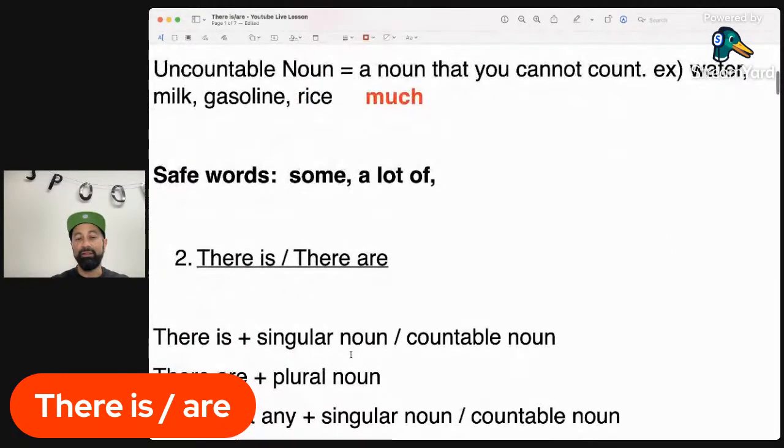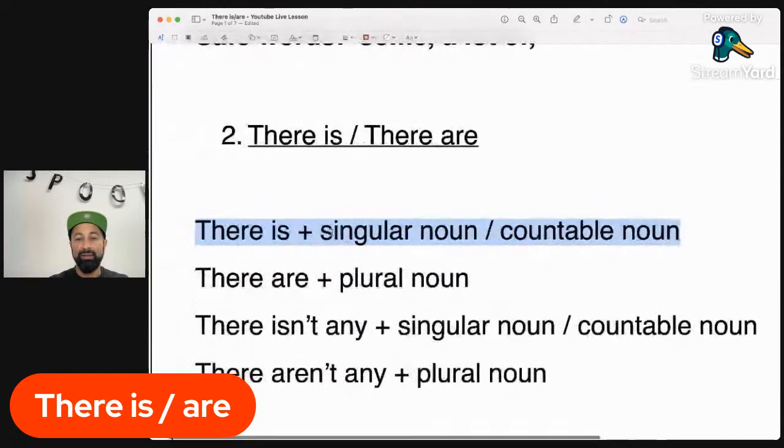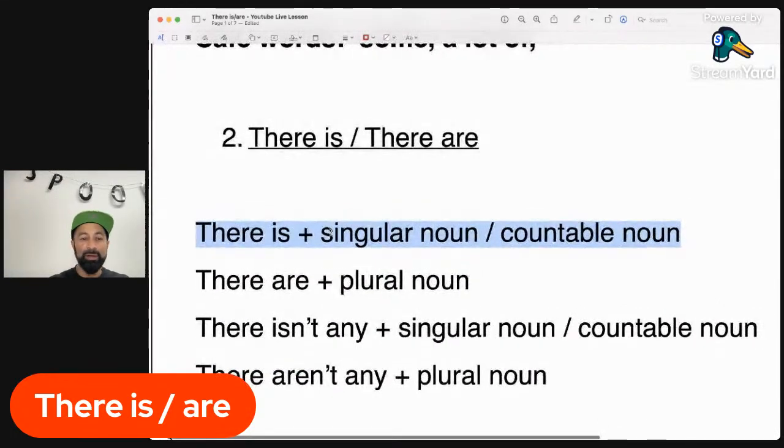So next, let's look at there is, there are. Now, if I want to look at there is, I'm going to make it blue. There is must be followed with a singular noun. Singular noun means it's one item, okay? So I've got, again, remember, one notebook.